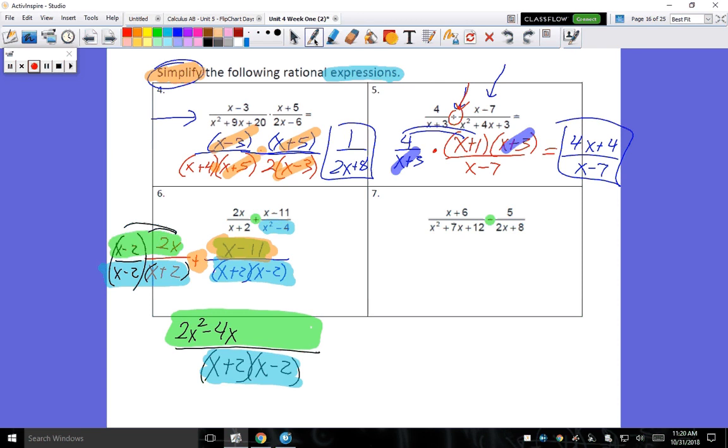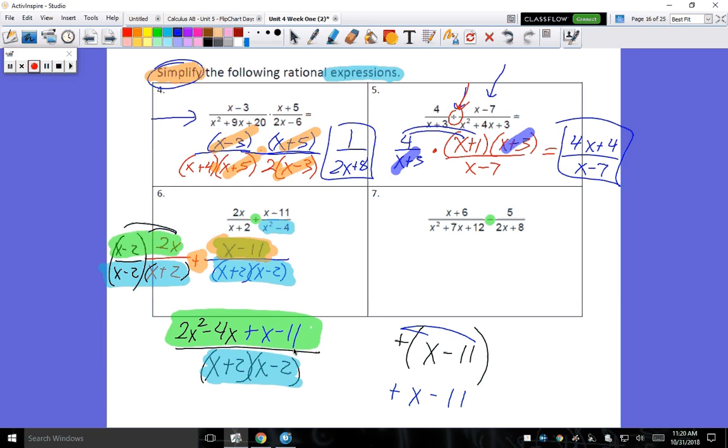If it was subtracting, it'd be different. But because you're going to add, it's basically saying you're going to have a positive sign in front of all of this x minus 11 business. You with me? And guys, if we distribute this, we know that it's just going to stay as plus x minus 11. So we'll put plus x minus 11.